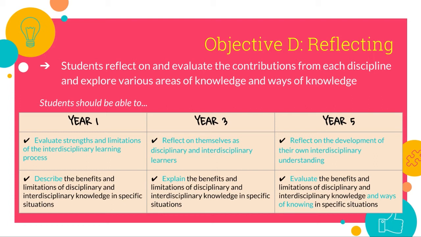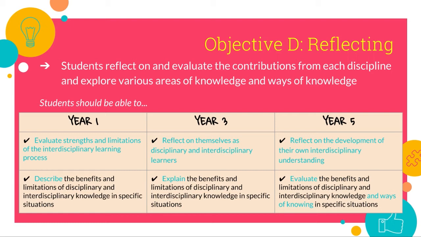Regarding the second descriptor, students describe the benefits and limitations of disciplinary and interdisciplinary knowledge in specific situations. In year 3, students explain those, and in year 5, they evaluate those benefits and they also evaluate different ways of knowing in specific situations. So definitely the level of awareness in year 5 needs to be considerably different.